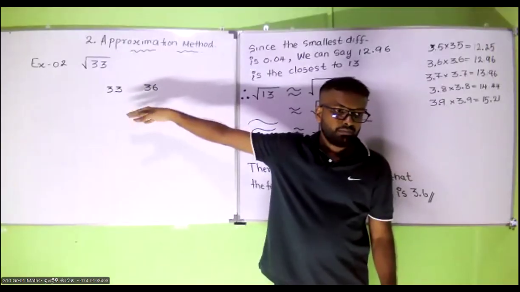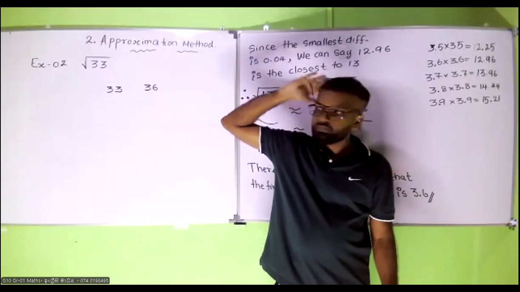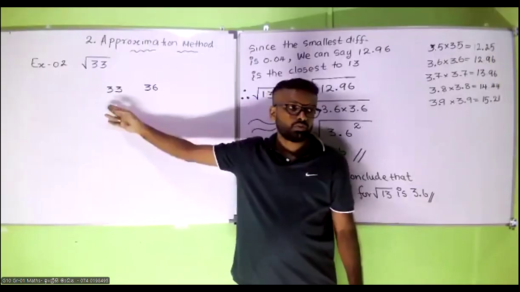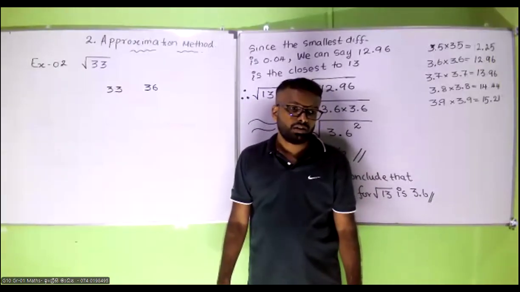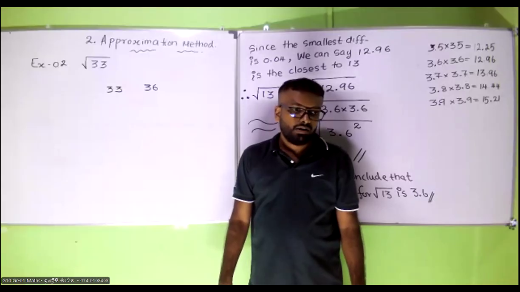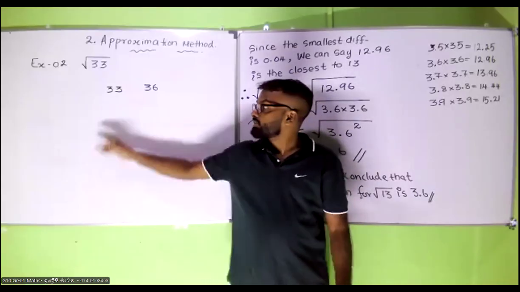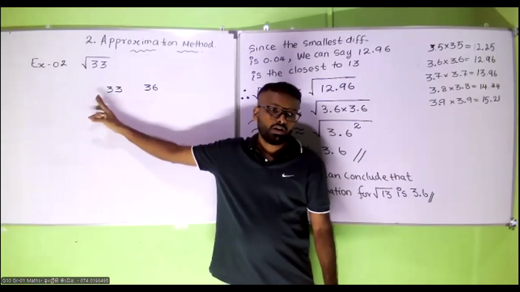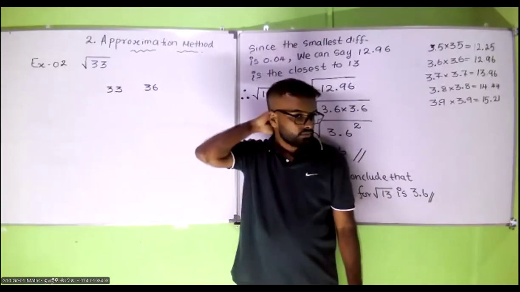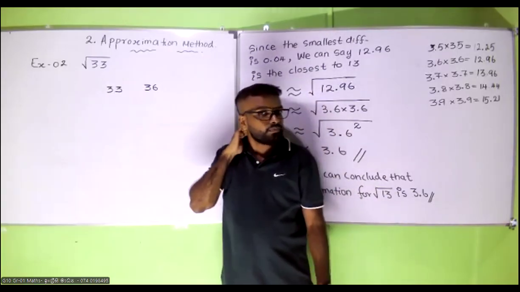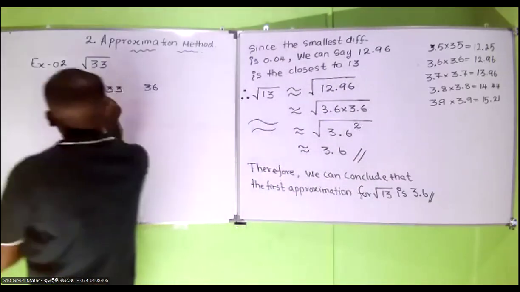Tell me, the perfect square less than 33. Yes, Ritik, what is the smaller perfect square for 33? Okay, 25, right? 25.